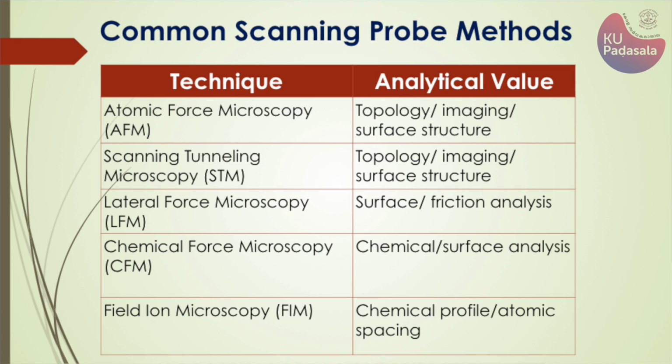The common scanning probe methods include atomic force microscopy, which is a very popular method, scanning tunneling microscopy, STM, lateral force microscopy, LFM, chemical force microscopy, CFM, and field ion microscopy, FIM.